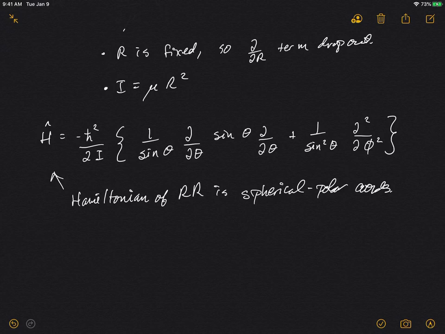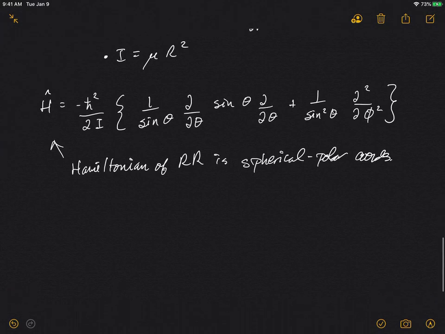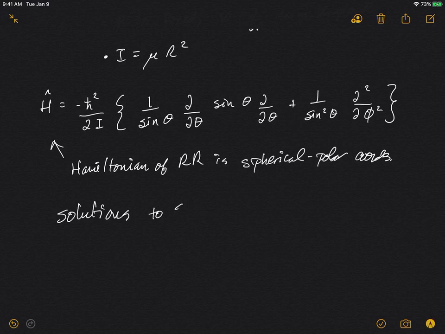And so it turns out the solutions to this differential equation are known, and they are a set of special functions. The wave function solutions to the Schrodinger equation are what we call the spherical harmonics.